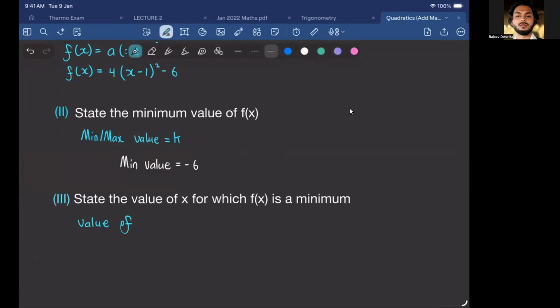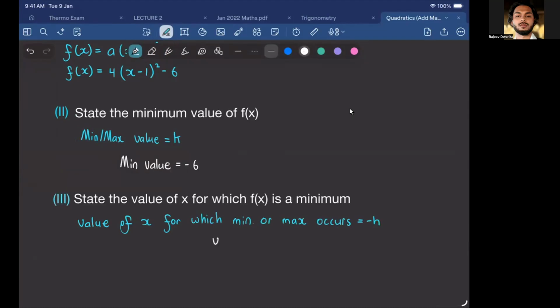So the value of x for which the minimum or maximum occurs. Anytime they ask that, the answer is minus h. In this case, we would have a minimum value.